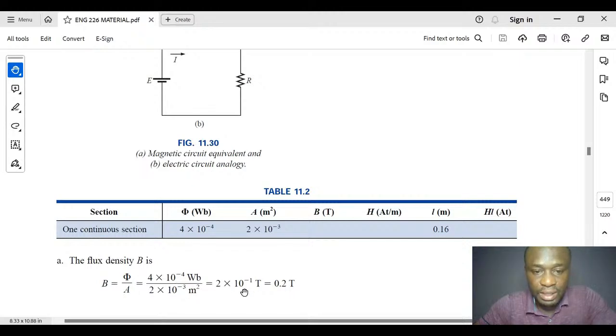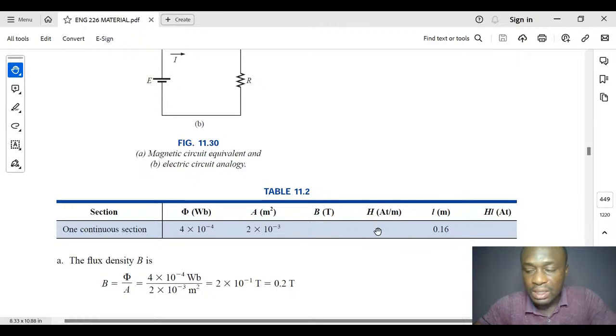When you divide them, you will have it to be 2 times 10 raised to power minus 1, which is 0.2 Tesla, or you say 0.2 Weber per meter square. So for this B that we are looking for in table 11.2, you fill it to be 0.2 Tesla.